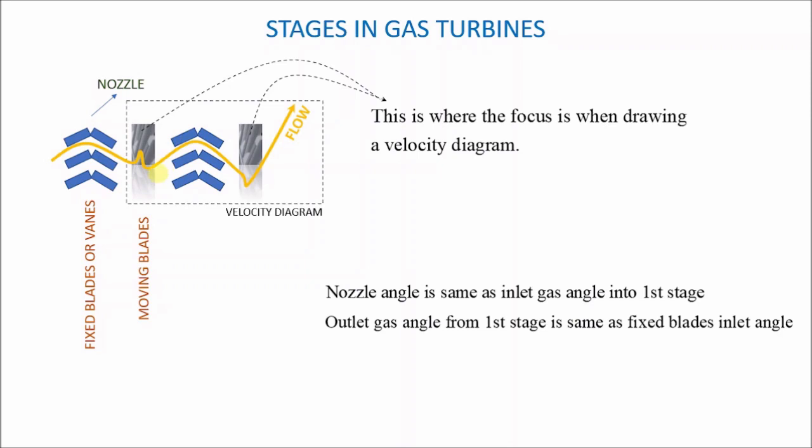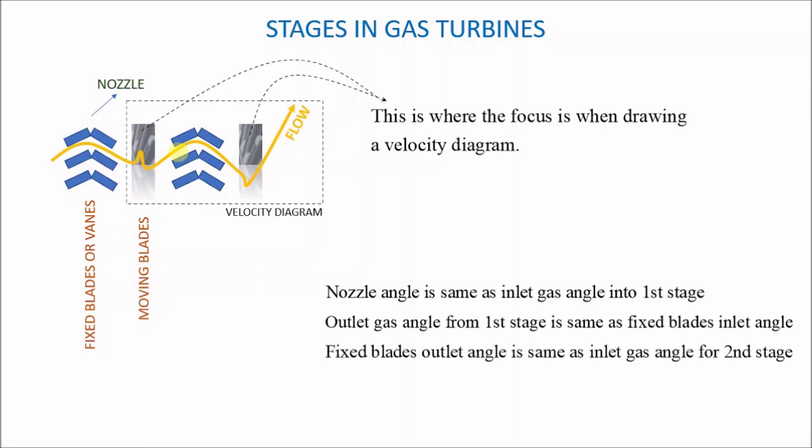So you want their angles to be the same so that you will not have disruption in the flow of the gas. And that is why we say the outlet gas angle from the first stage is the same as the fixed blades angle at the inlet, of course, because it's at the inlet of the row of fixed blades. So the outlet gas angle from the first stage must be equal to the inlet blade angle for the row of fixed blades. Okay, I hope you can see that.